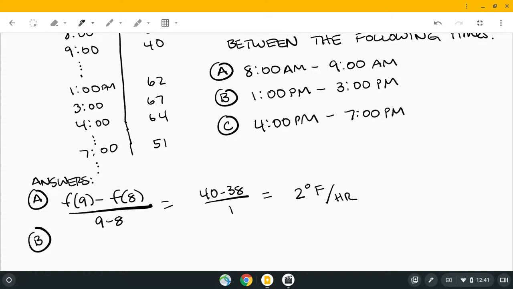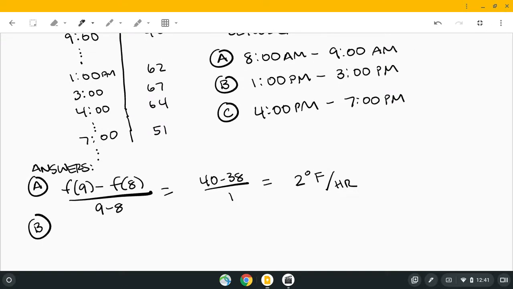Okay, for letter B, 1 p.m. to 3 p.m. So that's f of 3 minus f of 1 over 3 minus 1. F of 3 is 67, which is over here. So here's 3 p.m. Its y value is 67.